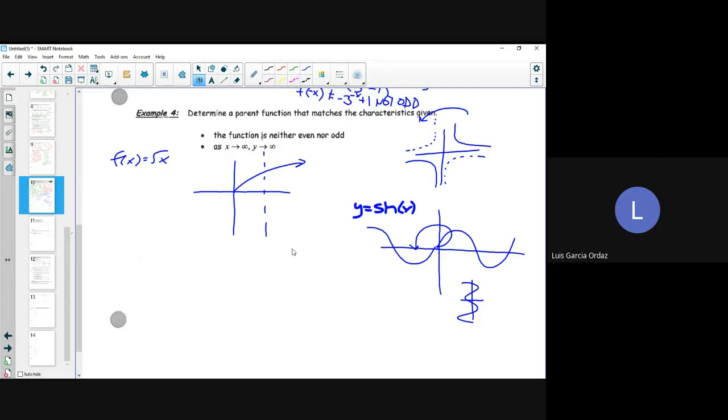What other function has a neither or odd and has as x approaches infinity, y approaches positive infinity? For cohort A and C, it is not linear because as you approach negative infinity for the x's, you approach negative infinity for y. Oh no, Yusuf, you're right.